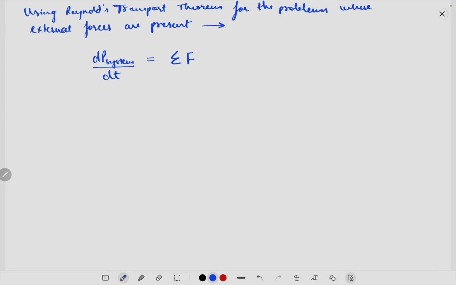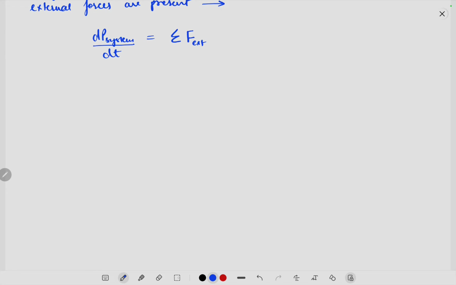This we know, right? So this F is the external force applied on the system, and that equals the rate of change of linear momentum of the system. Okay, and when these external forces are 0, we say dP system by dt is 0, and that's how we get conservation of linear momentum.